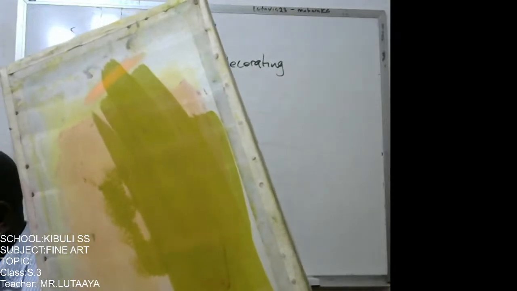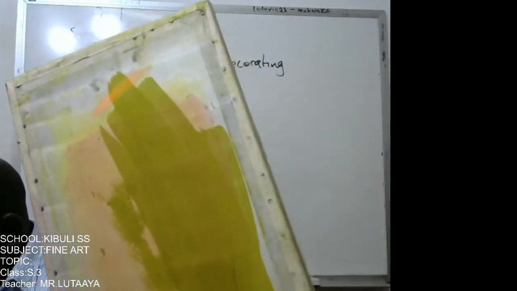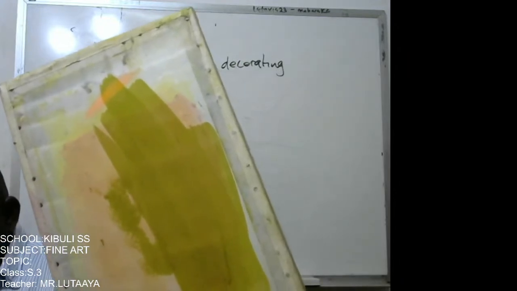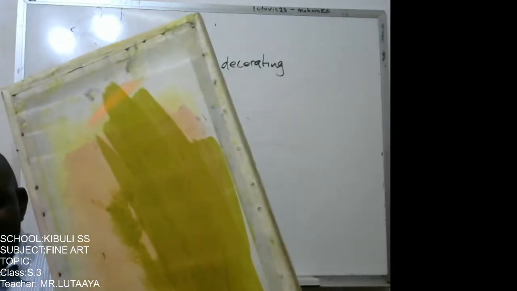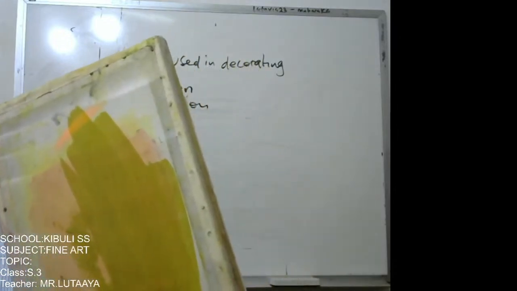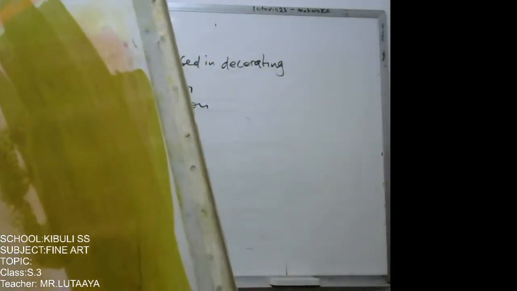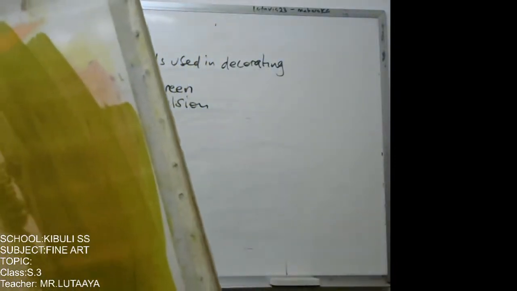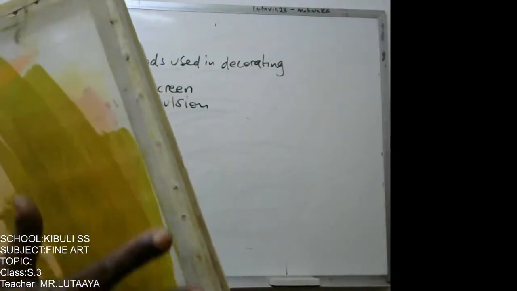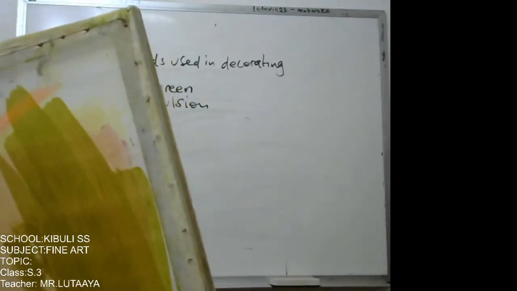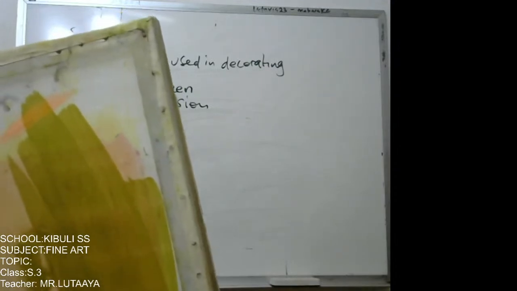We are preparing a screen. We are putting a layer of emulsion. This emulsion is a light sensitive material. So after covering the whole screen, you have to do it indoors, not outdoors, because it is light sensitive.